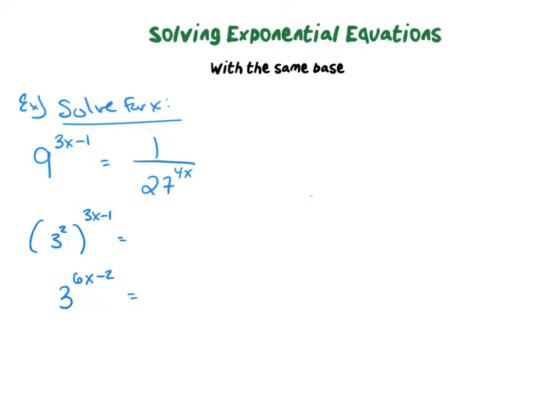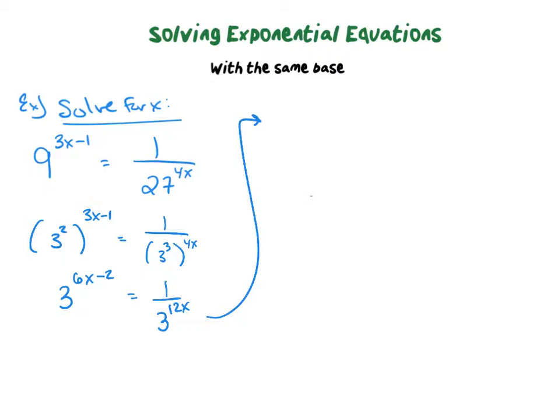On the right-hand side, I'm going to keep the fraction for now, raising it to the 4x. But instead of writing 27 to the 4x, I'm going to write 3 cubed to the 4x. So this makes 1 over 3 to the 12x. Okay. 3 to the 6x minus 2 equals 1 over 3 to the 12x.